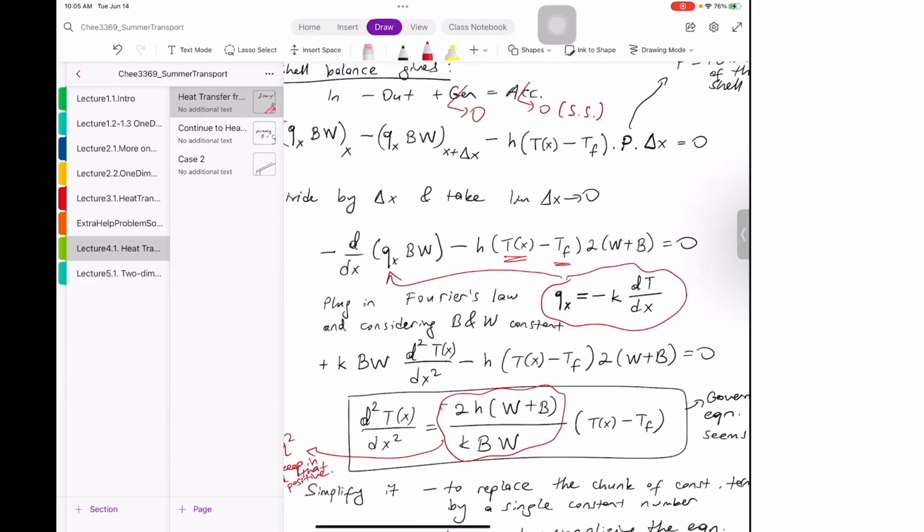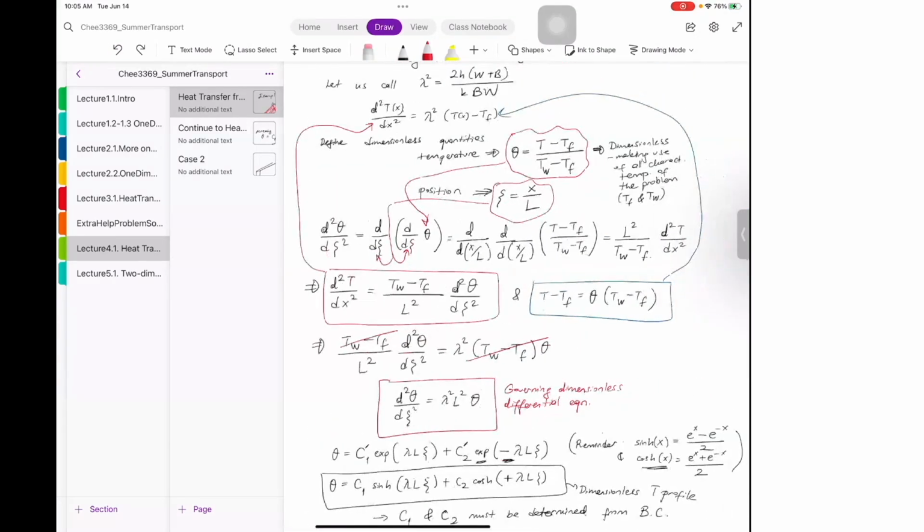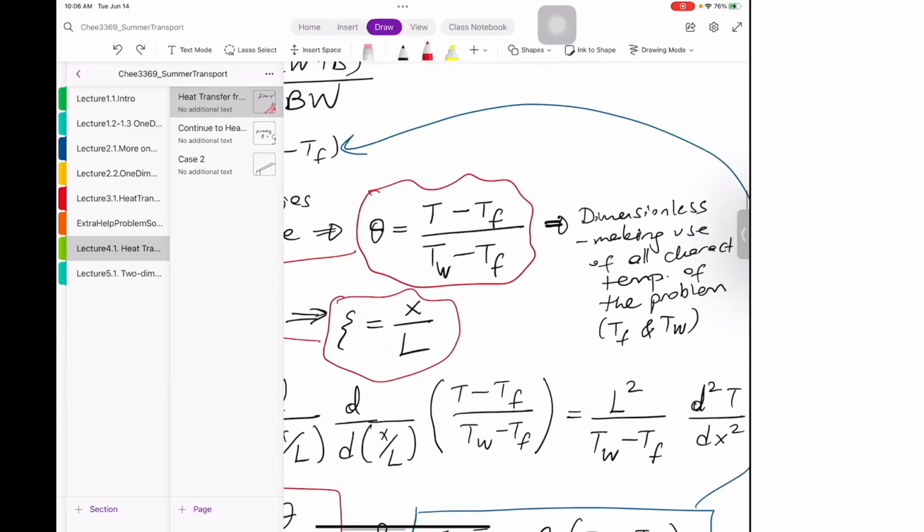You get exactly the same equation, right? But the profile is just going to be different, because theta is going to have the same profile, but once you actually solve for T, you might have a different T profile, right? Because imagine you have this theta, and depending on what your TF and TW are, you can actually get different T values, correct?